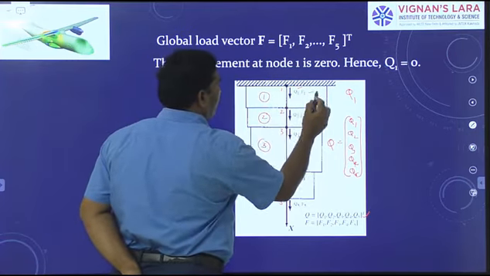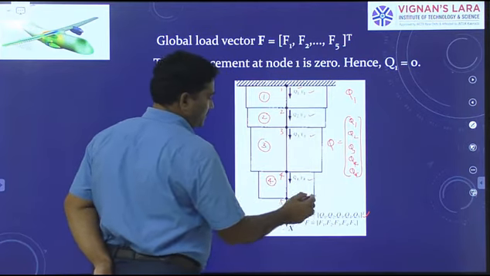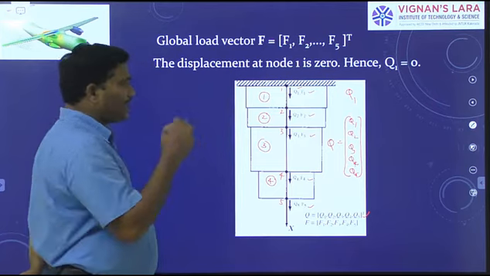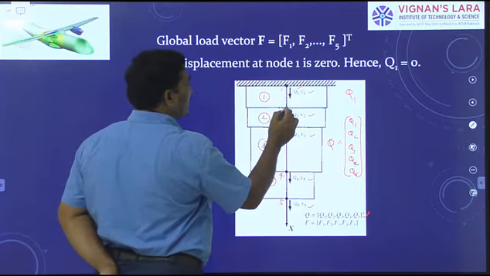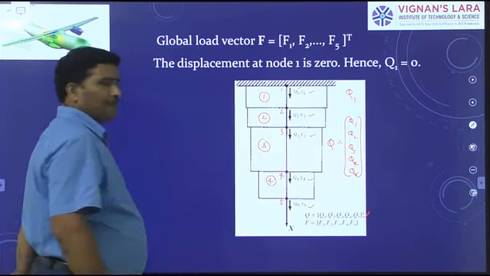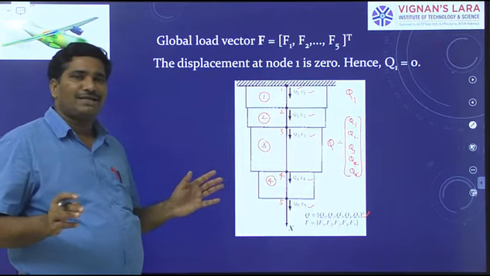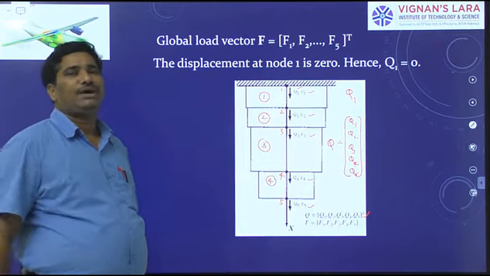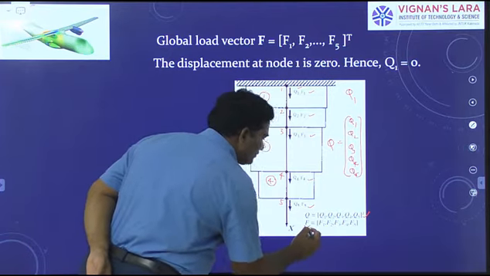Now, if F1, F2, F3, F4 and F5 are the forces acting at the nodes 1, 2, 3, 4 and 5, these forces we can represent in the matrix form and name it global load vector.